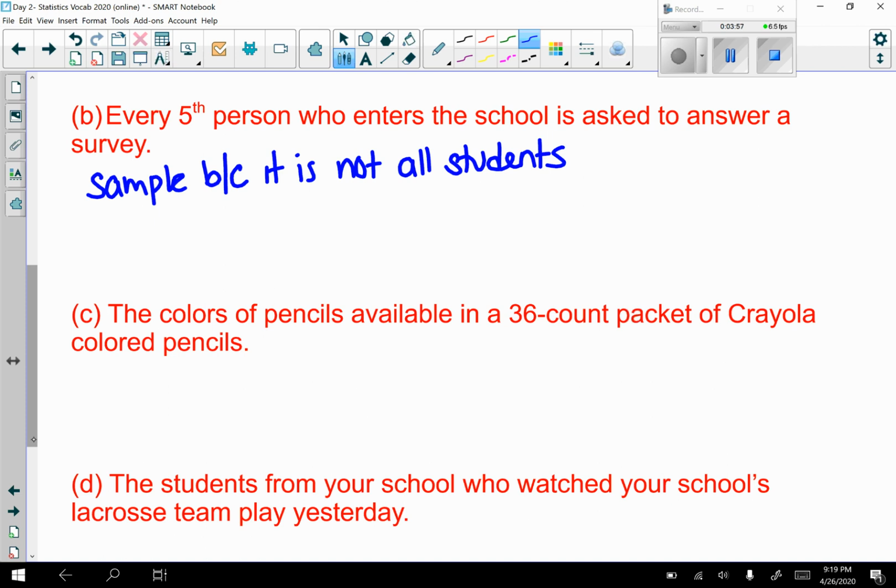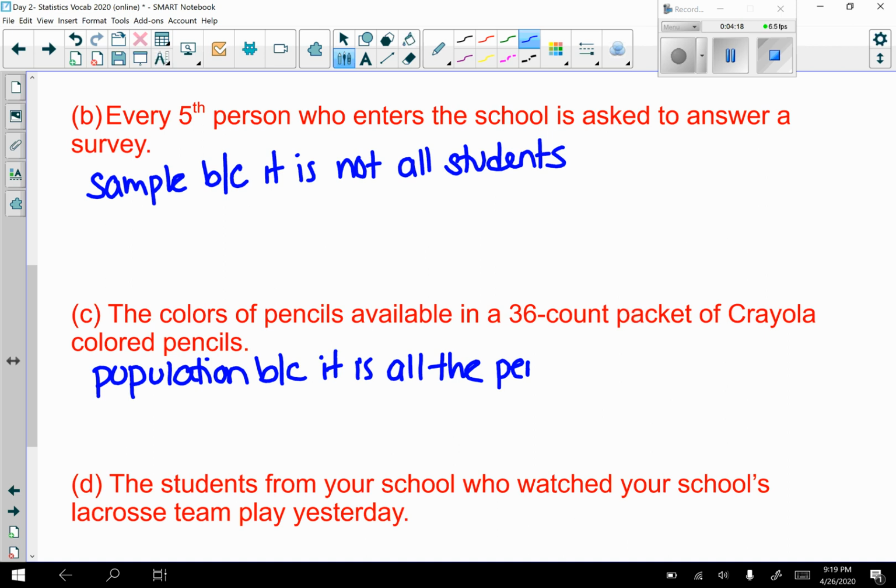C, the colors of pencils available in a 36 count packet of Crayola colored pencils. Hopefully you recognize this as a population because it is all the pencils in the package and not just the blue or just the red.